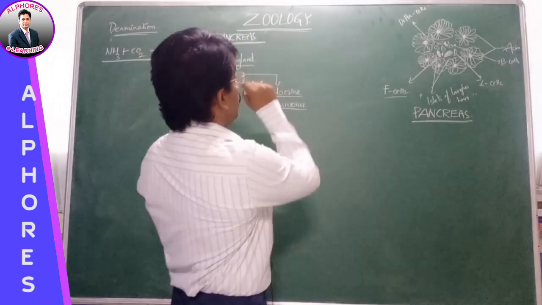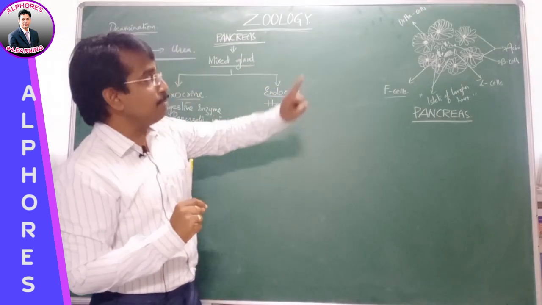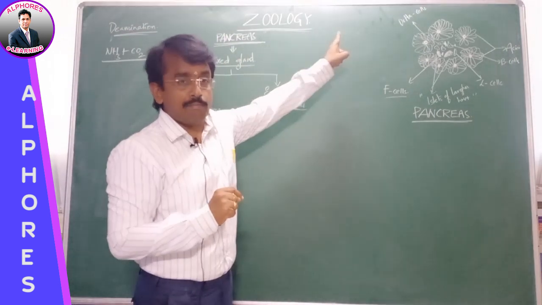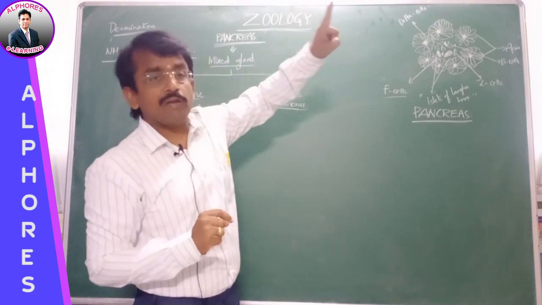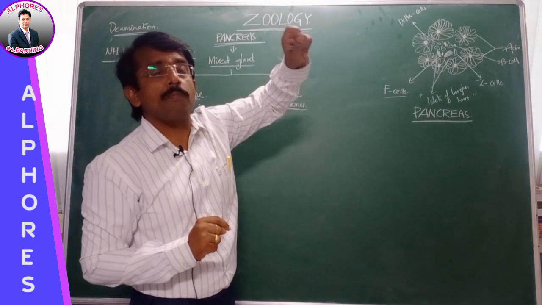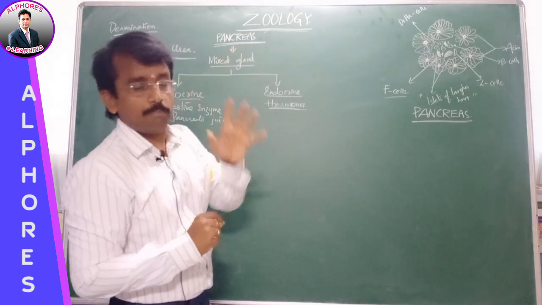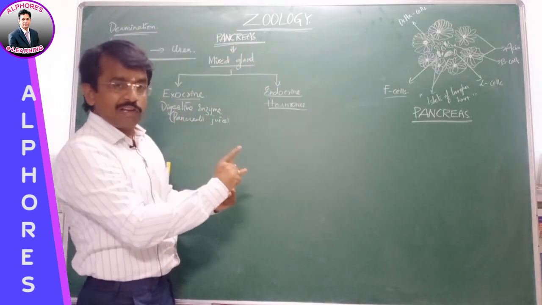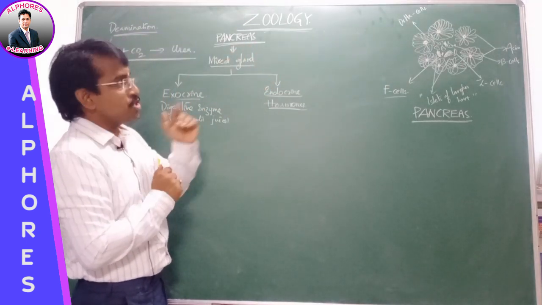Earlier we referred to it in the liver. The combination of the common bile duct with the pancreatic duct forms the hepatopancreatic duct.